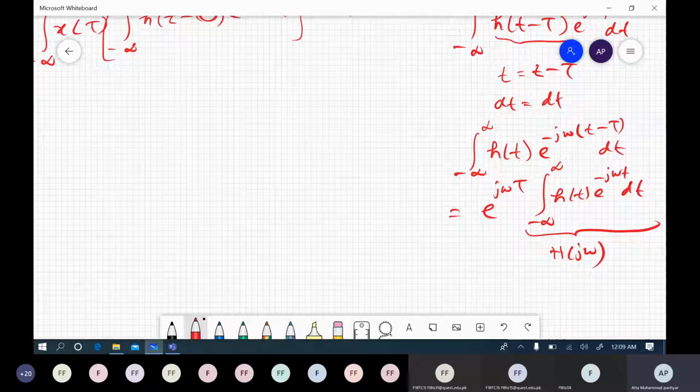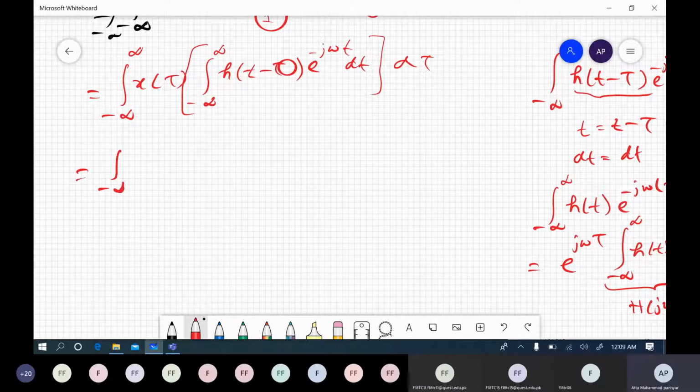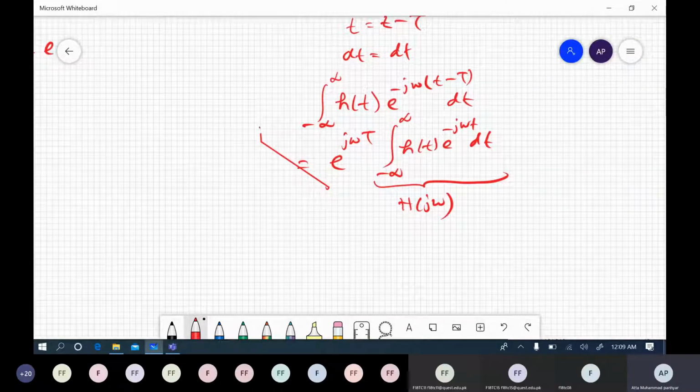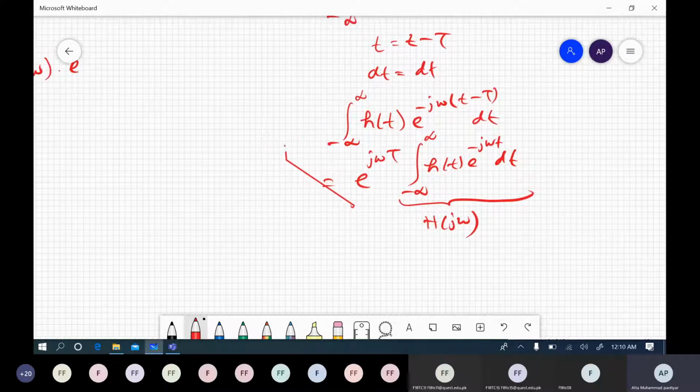So this whole term reduces to the integral from minus infinity to infinity of x of tau h of j omega times e to the power, here I made a mistake.